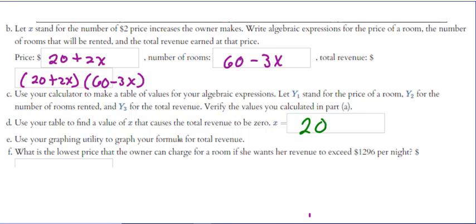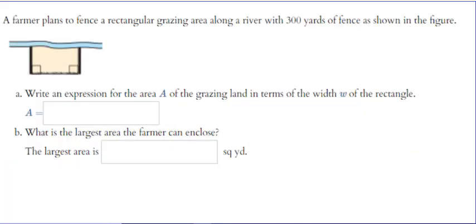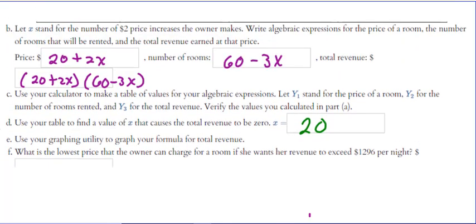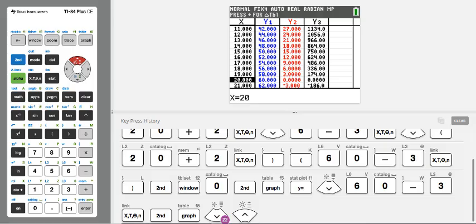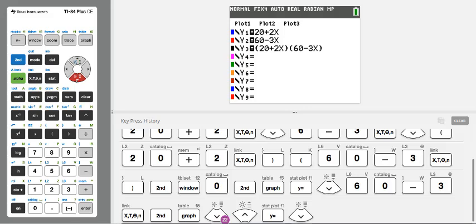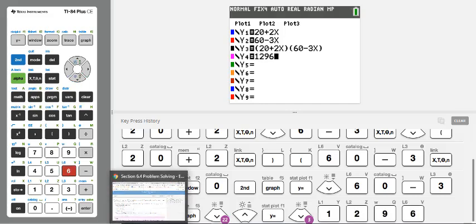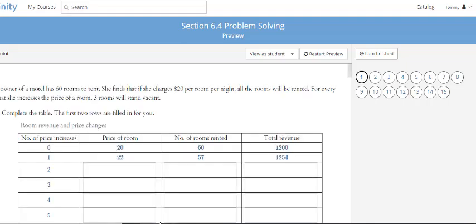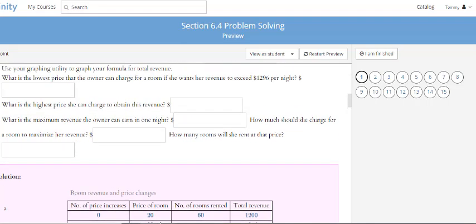Use your graphing unit to graph. Okay, what is the lowest price to charge if it's $12.96 per night? All right. So what we need to do is, there's two things that, I guess I need to go back here. $12.96.